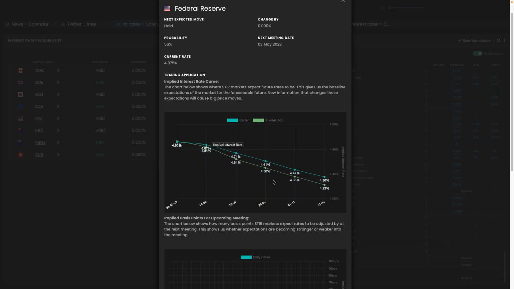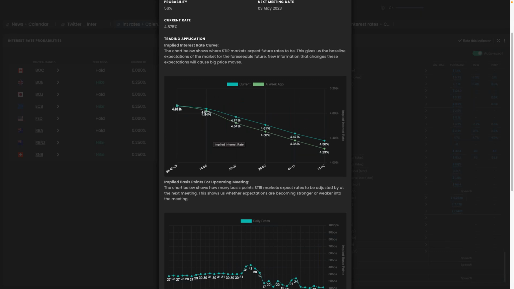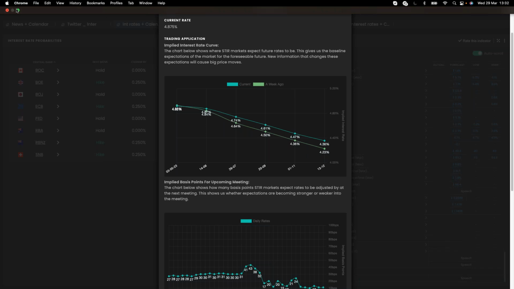according to short-term interest rate markets versus what the Federal Reserve have already stated. Now, if I just have a look, see if I can find the latest dot plot. The latest dot plot is showing that the Federal Reserve is not expecting any interest rate cuts this year at all.